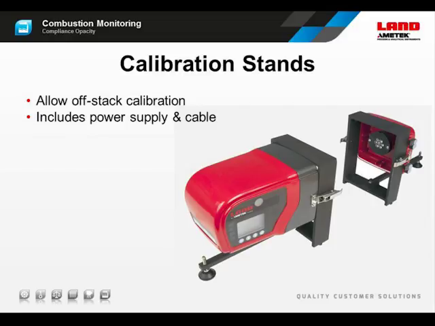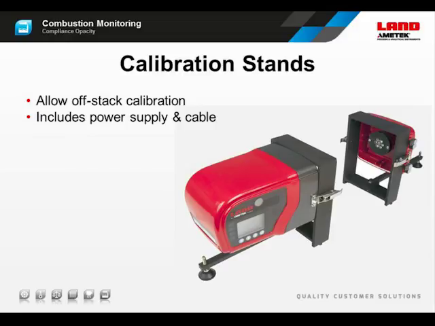And they come complete with a power supply. So all you need for the laboratory recalibration is a calibration kit. And in the US, the opacity monitor has to be re-zeroed once every year. And the customer has a choice of either doing that using the external zero device that I talked about earlier, and that can be done 2 years out of 3, or they can take it down every year and do it in the lab.